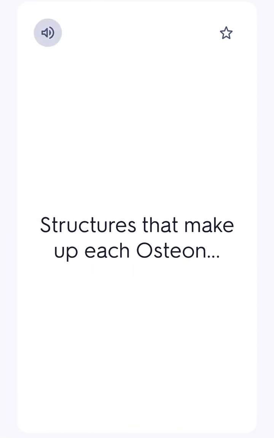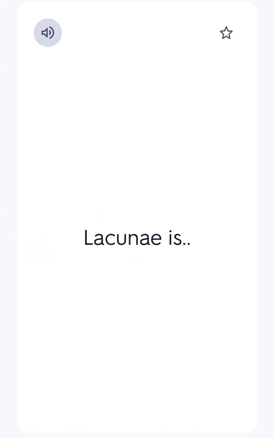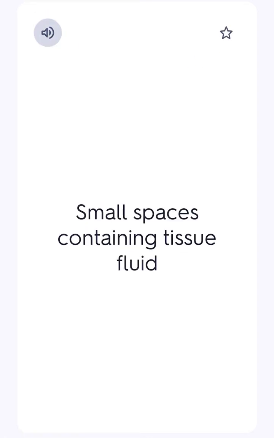Structures that make up each osteon: lacunae, canaliculi, and the central canal. Lacunae are small spaces containing tissue fluid.